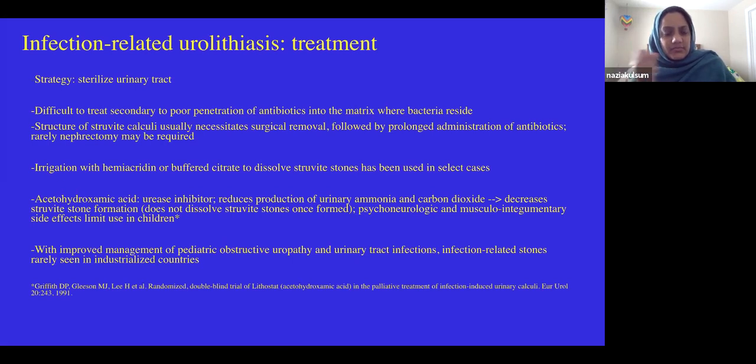There are also other things, which I don't use in our practice, like acetohydroxamic acid, which is a urease inhibitor, that can be used. And of course, the best thing is to refer them to the urologist to make sure that their bladder issues are taken care of.